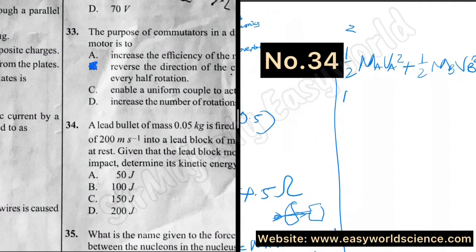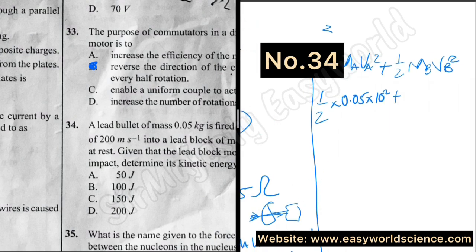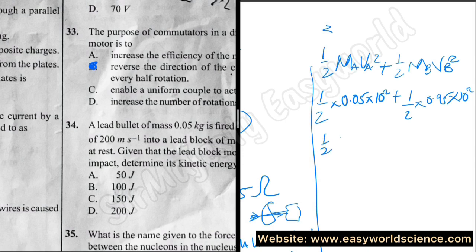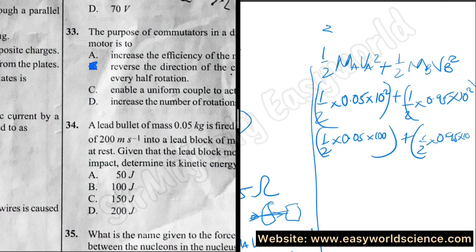So our MA, that's the mass of the bullet, was 0.05. The velocity is now 10 meters per second, while the mass of the lead block was 0.95. The velocity is still the same, 10 squared. So that will be half times 0.05 times 100 plus half times 0.95 times 100.